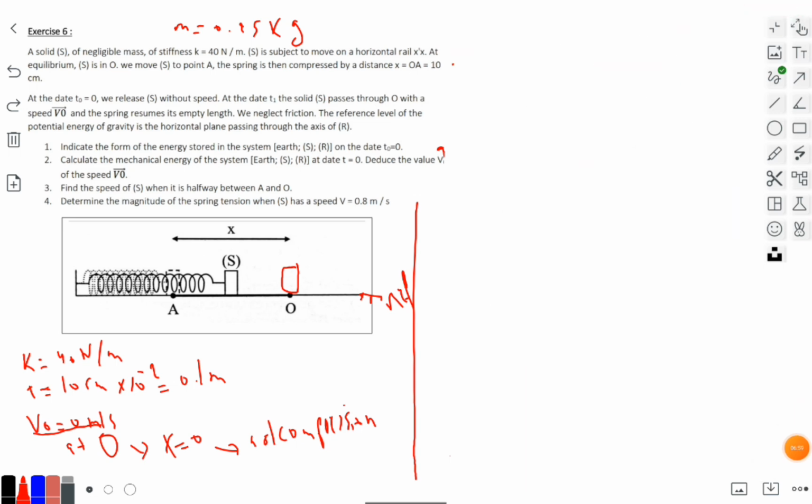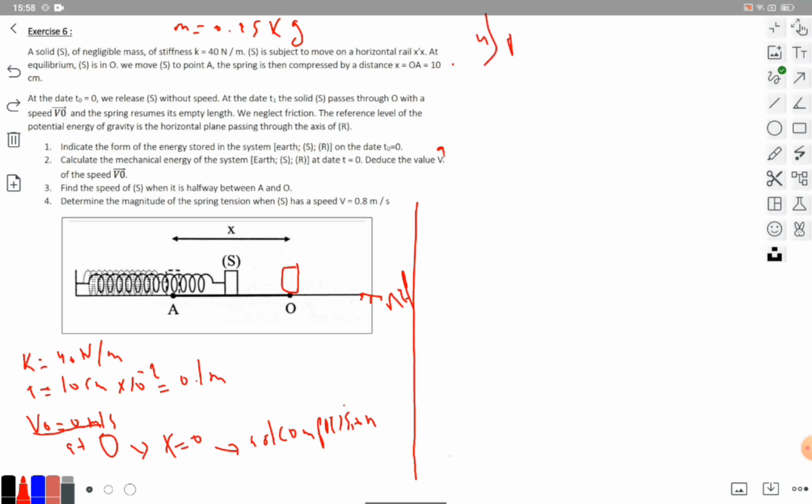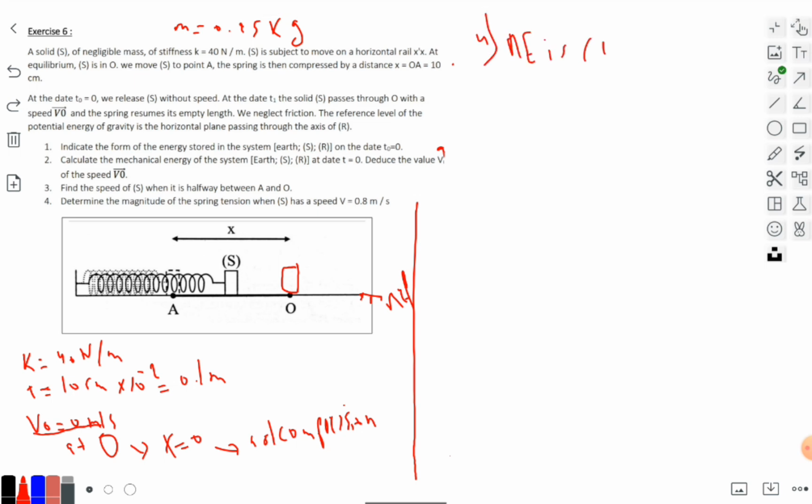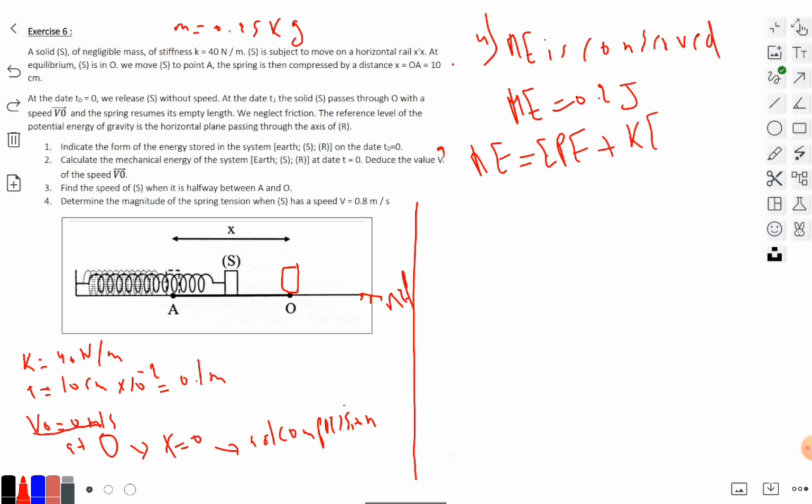Part 4. Determine the magnitude of the spring tension when S has a speed V equals 0.8 meter per second. We have ME is conserved, so ME is constant equal to 0.2 joule. In another case, ME equals EPE plus kinetic energy.